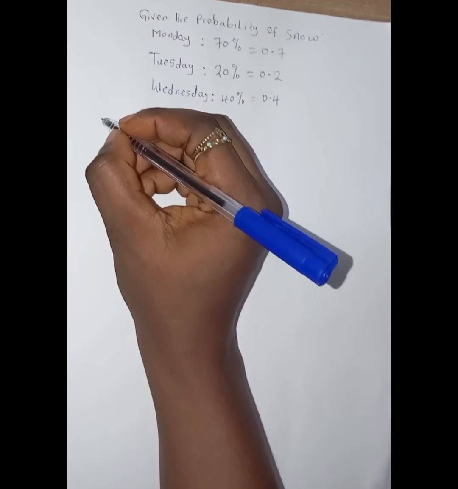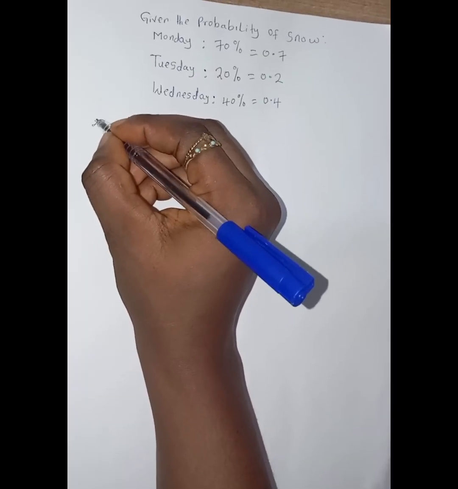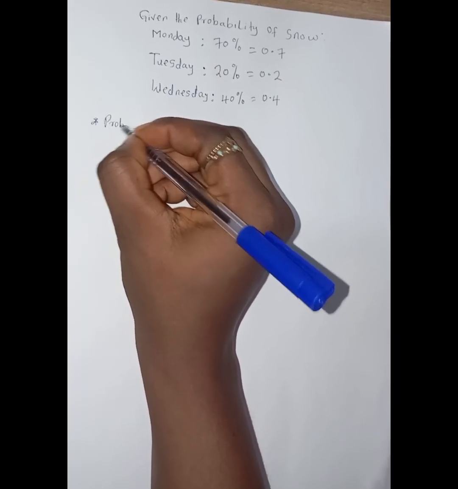Now, the first question is the probability that it will not snow on Tuesday. We are asked to look for the probability that it will not snow on Tuesday.